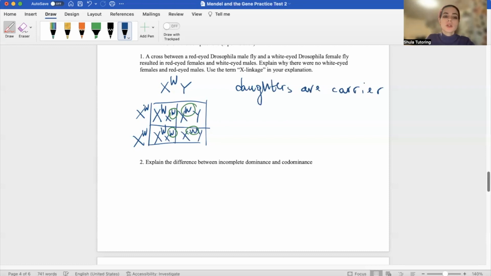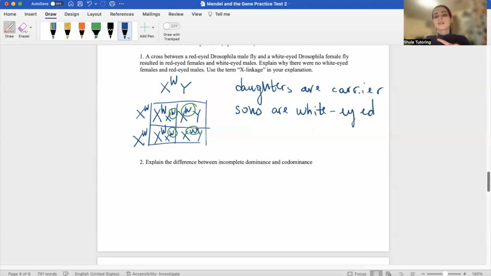and the sons inherit their mother's X chromosome, one of them, right? And both of their mother's X chromosomes have that mutant gene. So all the sons are white-eyed. They are all affected. And this is just the nature of X-linked disorders, because boys have just one X chromosome, right?